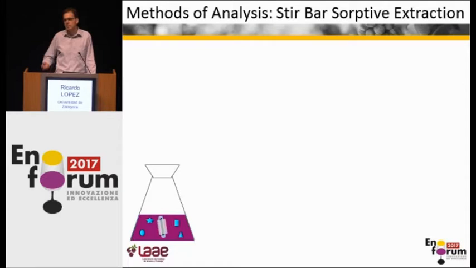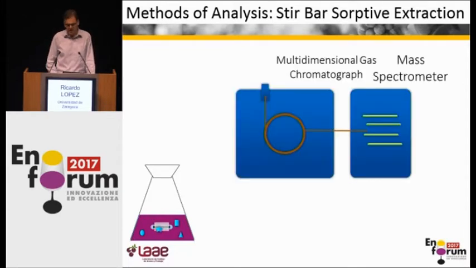This sorbent extracts the compounds, and after the extraction, we thermally desorb the compounds into a multidimensional gas chromatograph coupled to mass spectrometry, and from there we obtain qualitative and quantitative information.